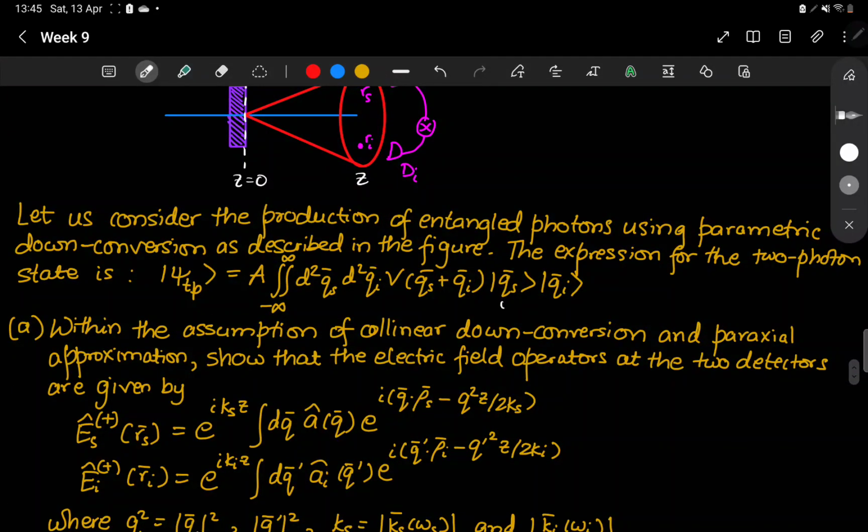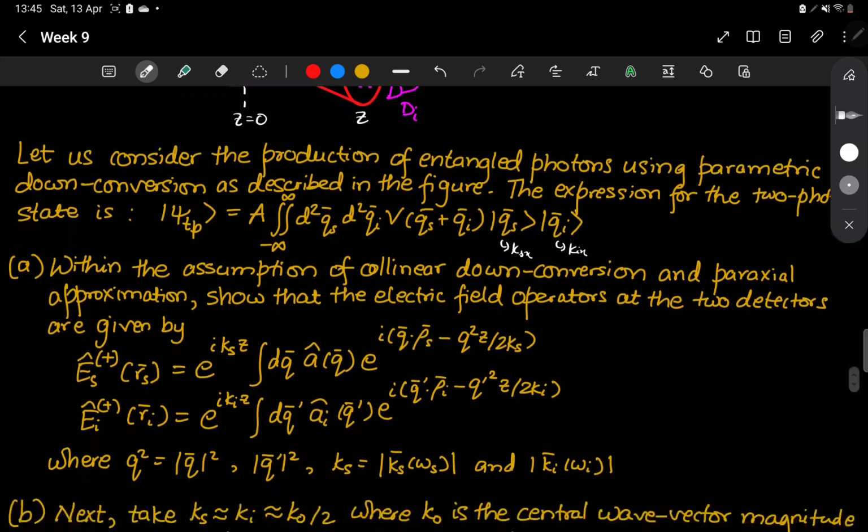So this we are replacing with ksx and this with kix for 1D.